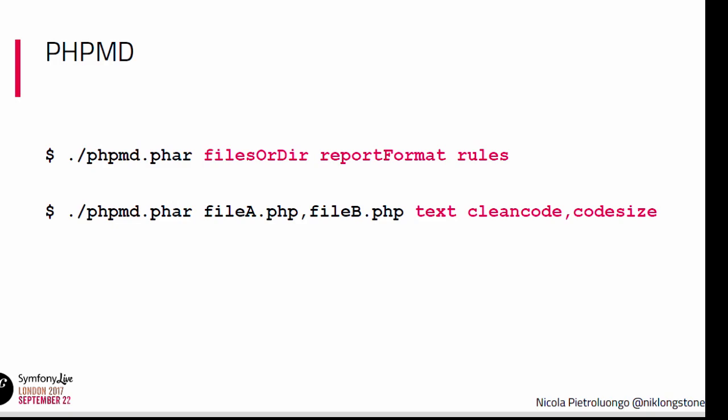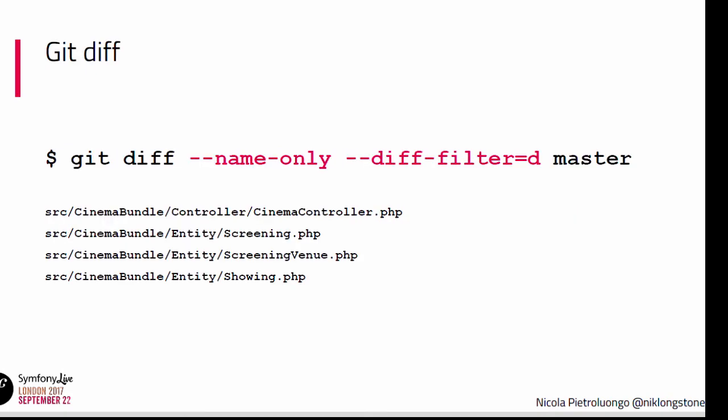I know that PHP mess detector runs against a comma-separated list of files. I'm using git diff. I run a git diff between my branch and probably the master branch. These parameters ensure that I'm excluding the deleted files, because otherwise PHP mess detector cannot find them. So I have a new line separated list.